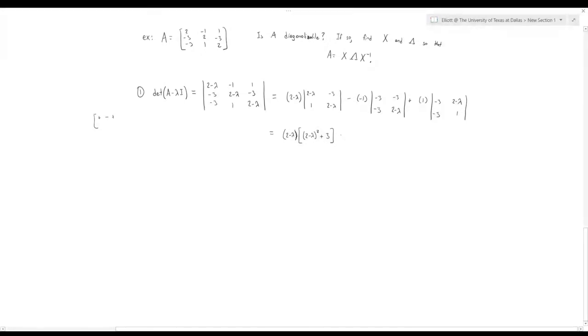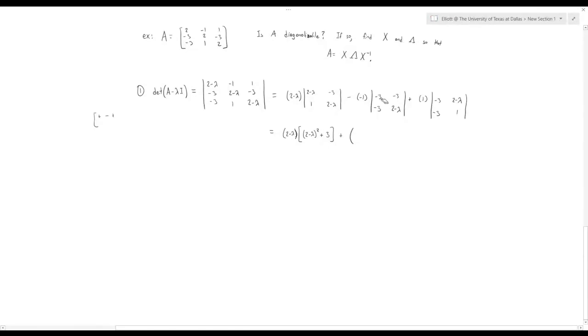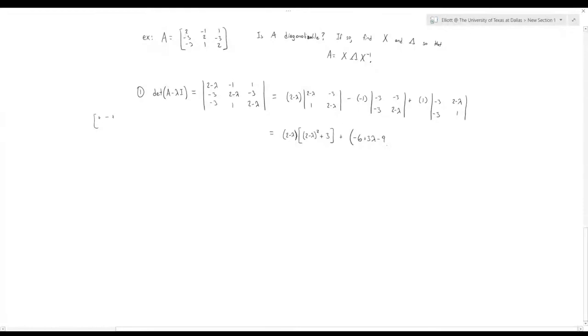This one, I guess that's going to be plus. And then doing this determinant, it'll be negative 3 times 2 minus lambda. Let's distribute that, so it'll be negative 6 plus 3 lambda. And then we're going to get minus a positive 9. Okay.